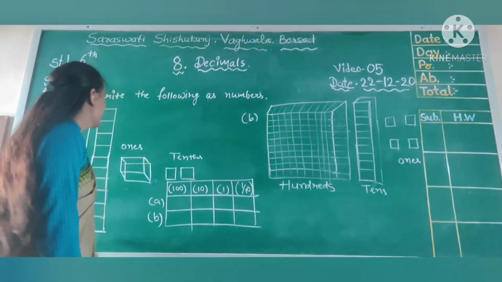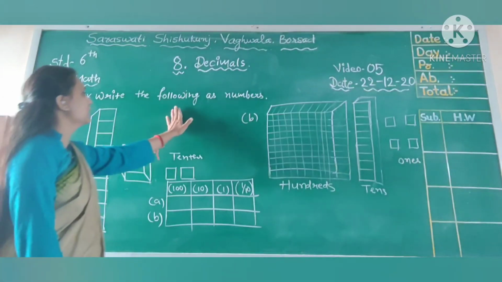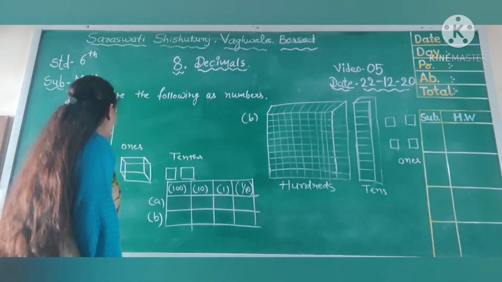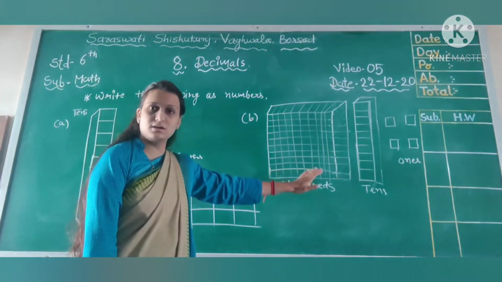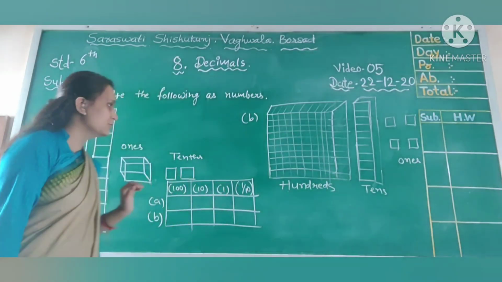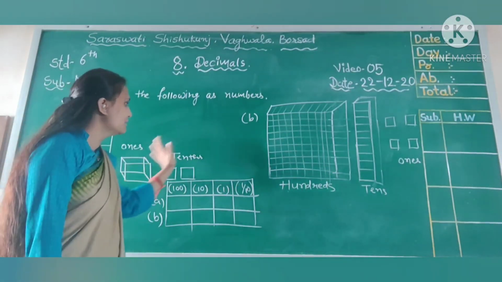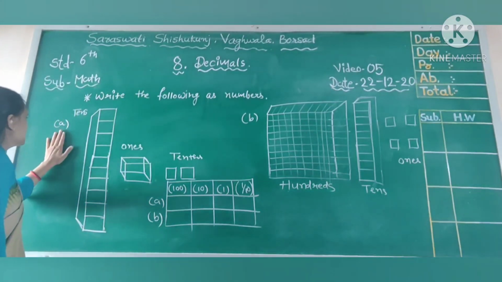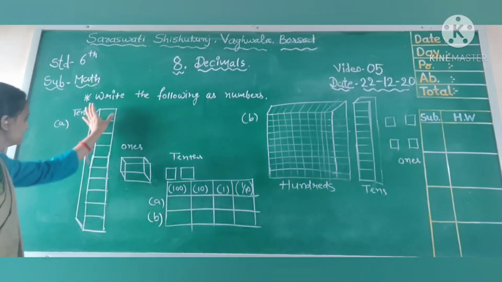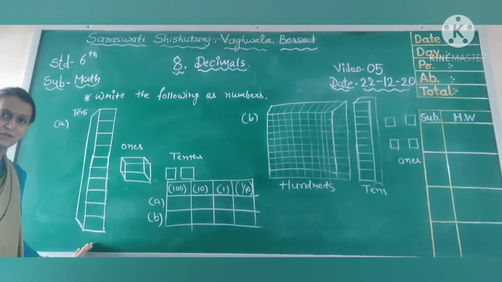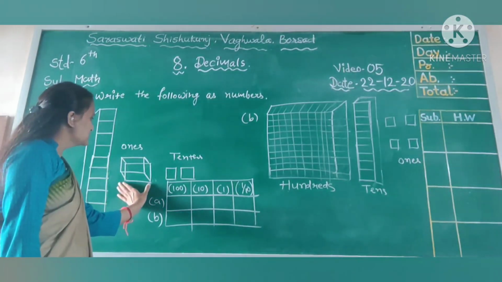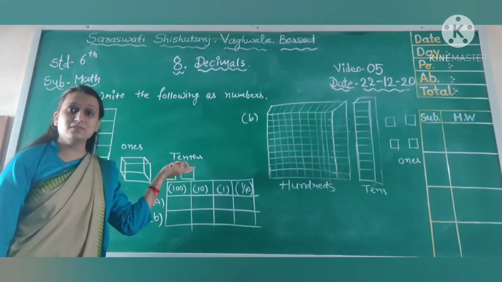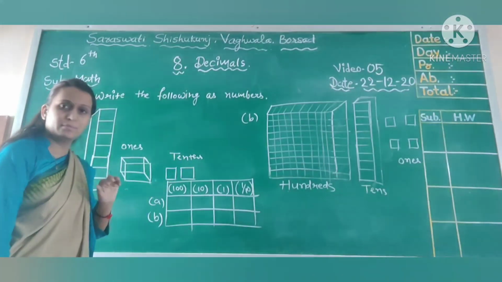Our next question is: write the following as numbers. Here we have two different figures, and we have to define each figure by numbers. Let us understand the first one. In the first figure, this is the tens place we have given, here we have given the ones place, and this is the tenth place. Tenth means 1 upon 10.